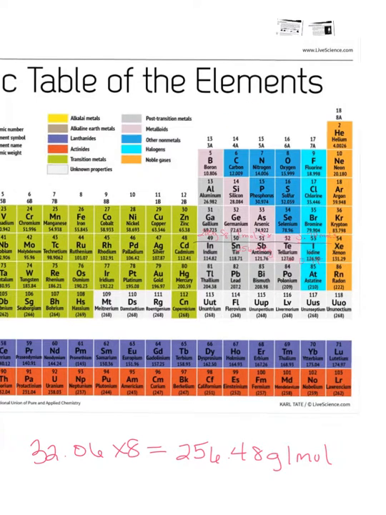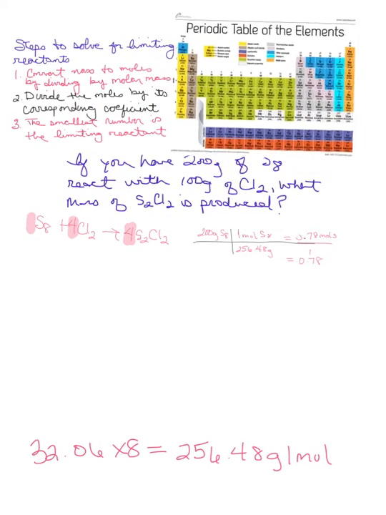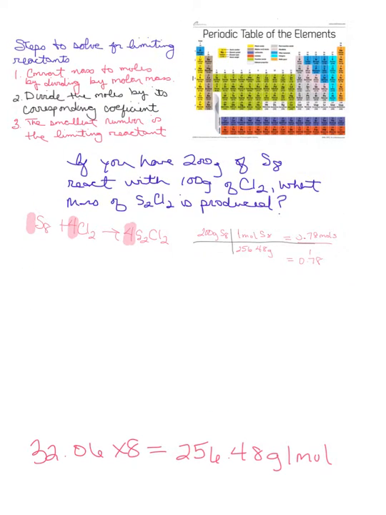And I need to multiply this by 2 because it's Cl2, not just Cl. So 35.45 times 2, I'll put that in my calculator, is 70.9 grams per mole. Alrighty.